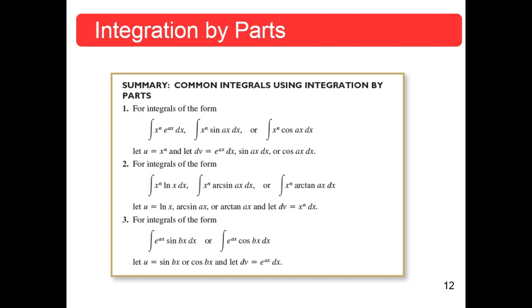Okay. Now, what if you had an integral of e's and sines, or e's and cosines? Really doesn't matter. You choose one to be the u. They suggest the u's be the sines and the cosines, and the dv's be the e's. I kind of like that too, because then you don't have to worry about sign changes here. Okay? If you had this being your dv's, then you have to do sign changes.